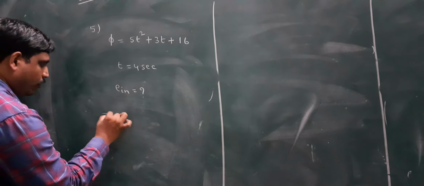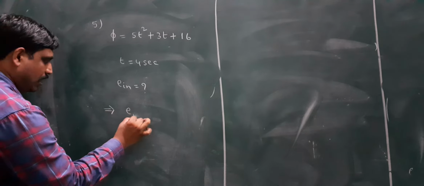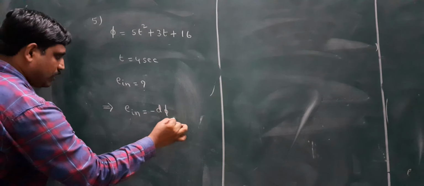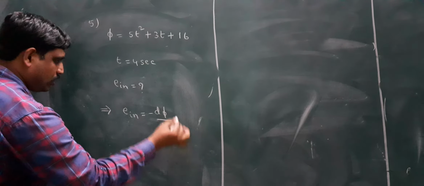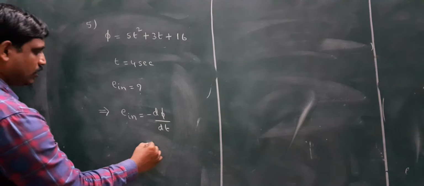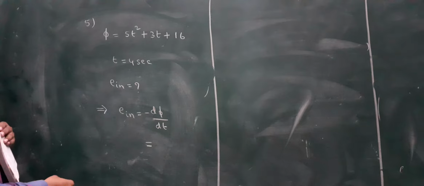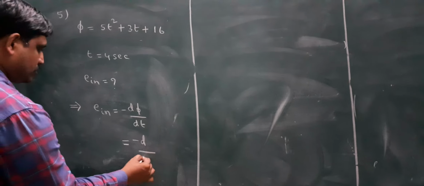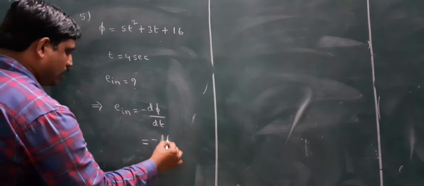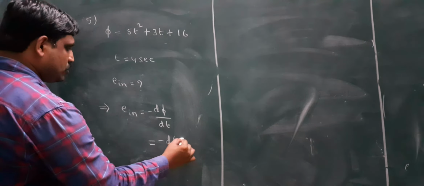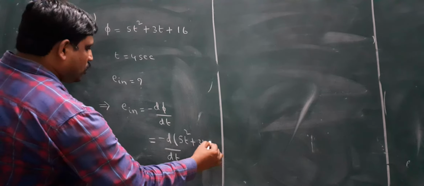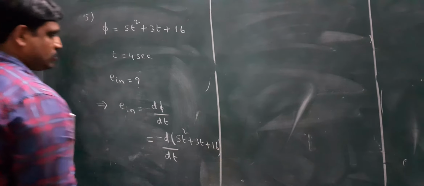We know, according to Faraday's second law, induced EMF equals minus dφ by dt. Okay, look here now. Minus dφ by dt, here minus d by dt of φ, which is 5t² + 3t + 60.